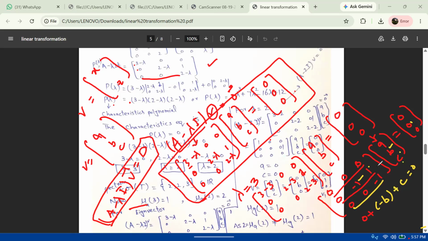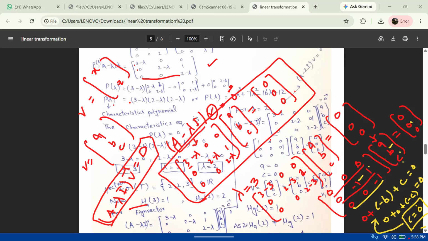For the last row, 0 multiplied with A is 0, 0 multiplied with B is also 0, and minus 1 multiplied with C gives minus C, which is equal to 0. From this, C is equal to 0. Now put C equal to 0 in the previous equation.